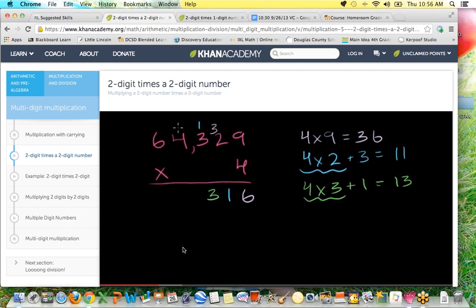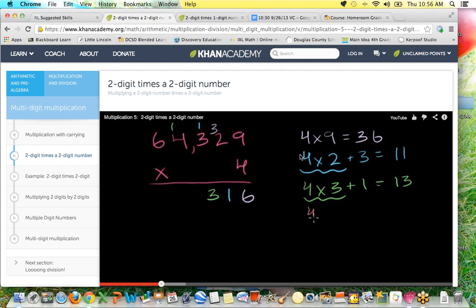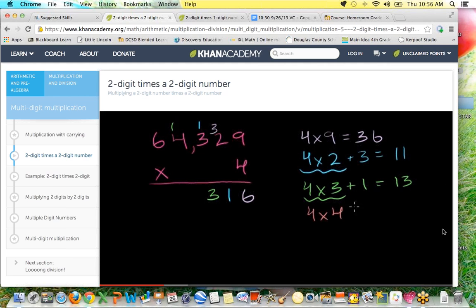So it's 13. Then you have 4 times 4. You have this little 1 hanging out here from the previous multiplication, so you're going to have to add that. And that's equal to 16 plus 1 is equal to 17. 7 down here. The 1 up there.